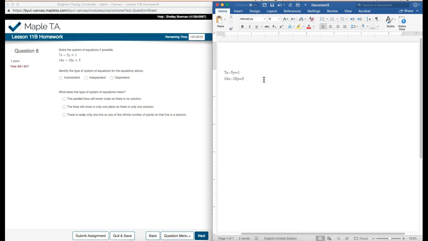The elimination method is so fast. But let's do the substitution, since that is the most common way that most of you will be doing, since that's what the lesson did. So I'm going to take this one here, and I'm going to solve it for x, just because. So I'm going to add 5x or 5y to both sides.